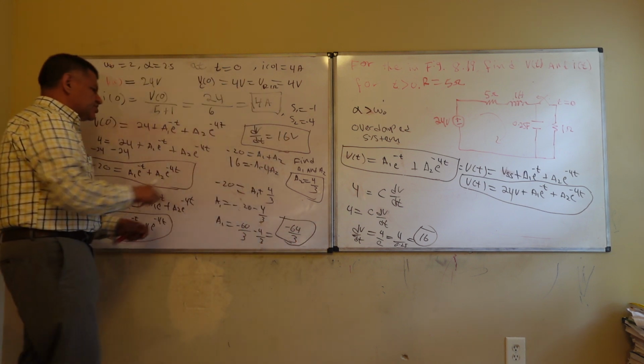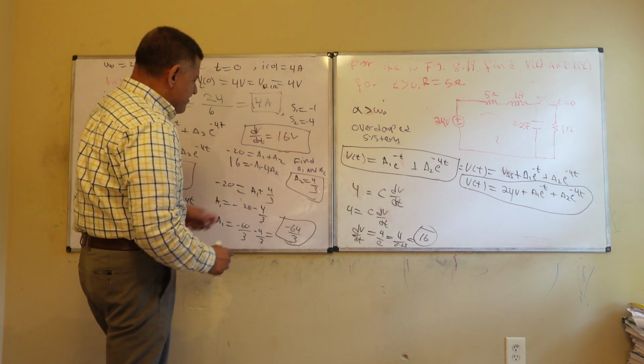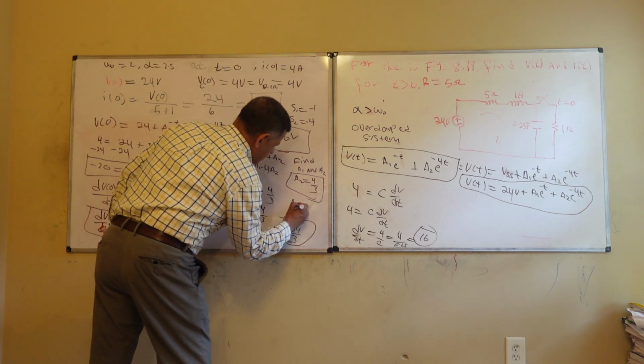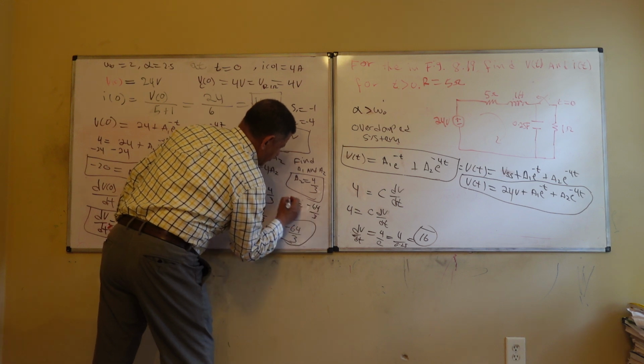So that is A1. Now we have A1, which is negative 64/3.